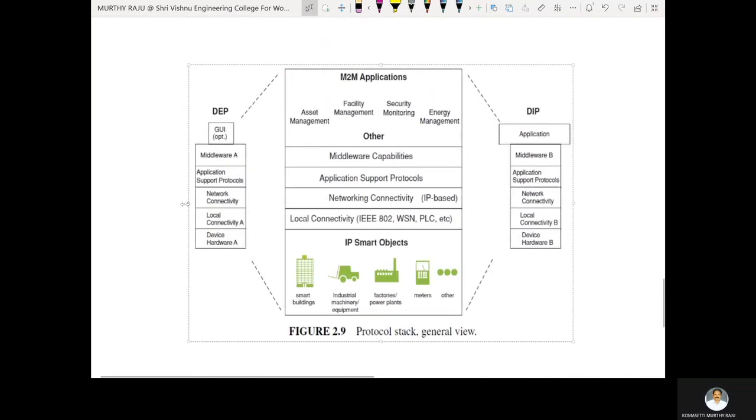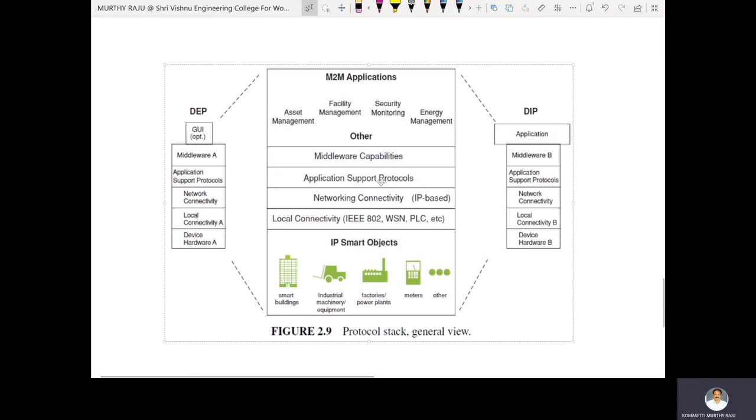Protocol stack. Already explained all these concepts. This protocol stack plays an important role here. Here, device hardware. Communication is from bottom to top. Data is generated here.